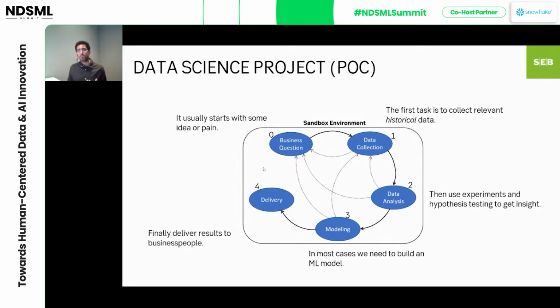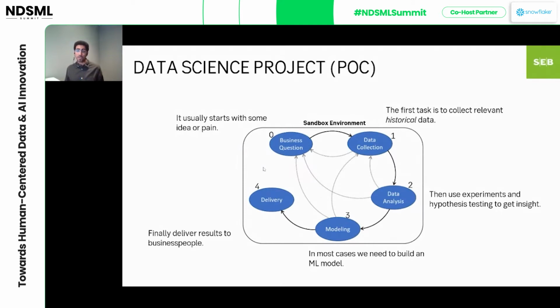The POC usually starts with some idea from the business, and the first task is to collect the data, and then we do some experiments and hypothesis testing to get some insights, and then the next part of the job would be to build a model, usually a machine learning model. The last part is to deliver the results.